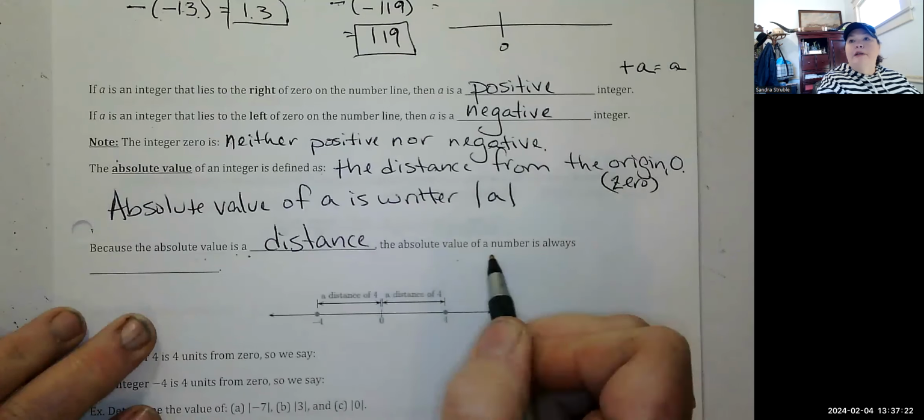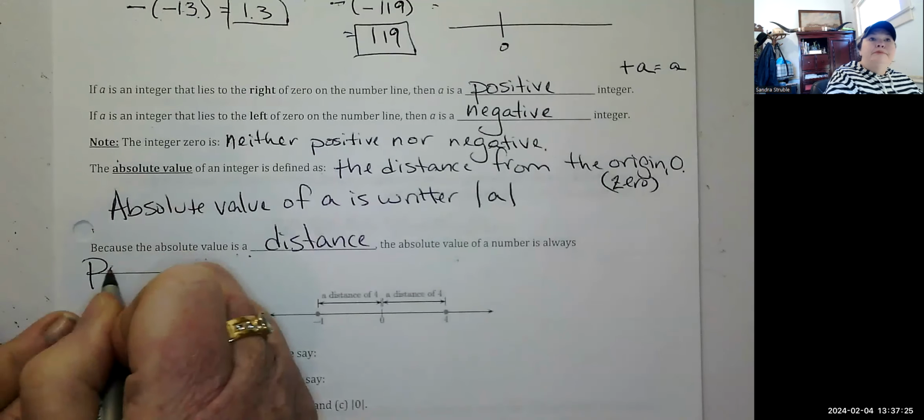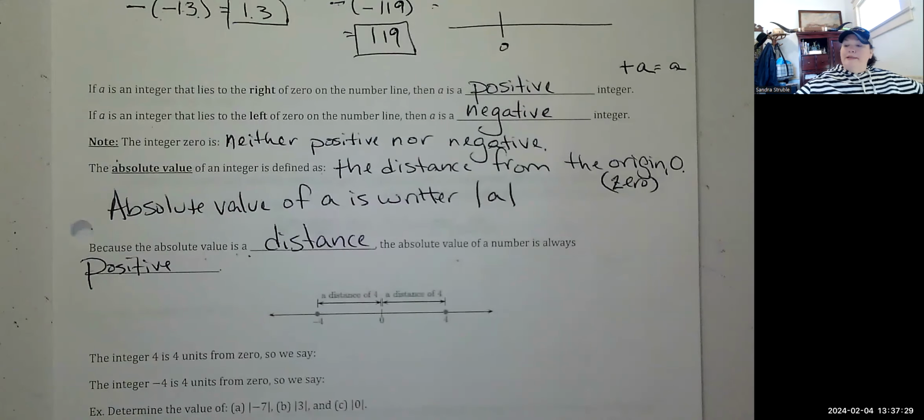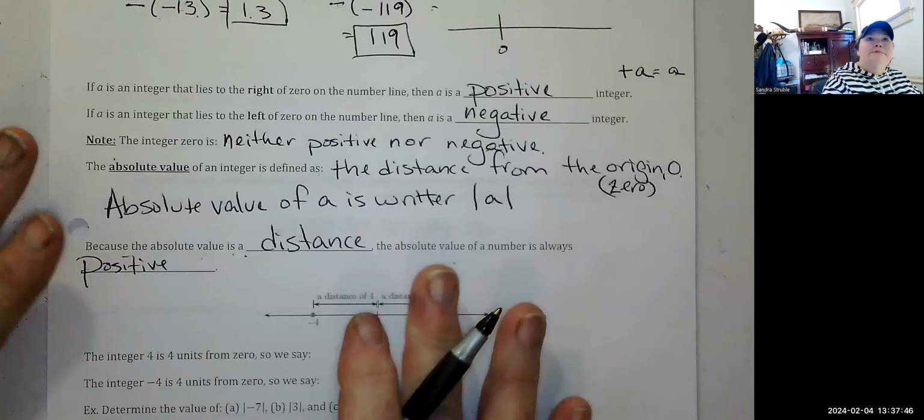The absolute value of a number is always positive, because you can't measure distance with negative. It would be like me measuring this desk. I can't take a tape measure and say, oh, this desk is -4 feet. That's not possible. So it's always going to be positive. If you're driving from here to another location, it's always going to be positive. It's measuring distance.